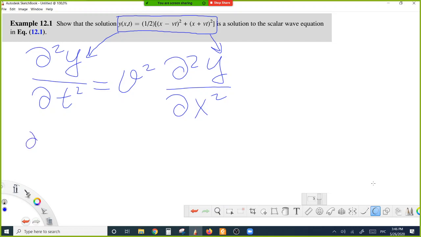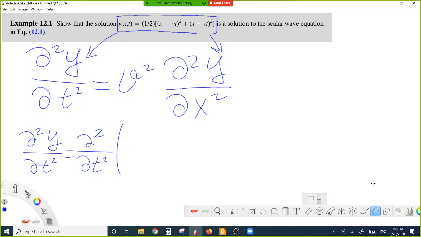What we have? We have d squared y over dt squared. This is the left hand side of our equation, which is equal to d squared over dt squared multiplied by 1 over 2 times the bracket.